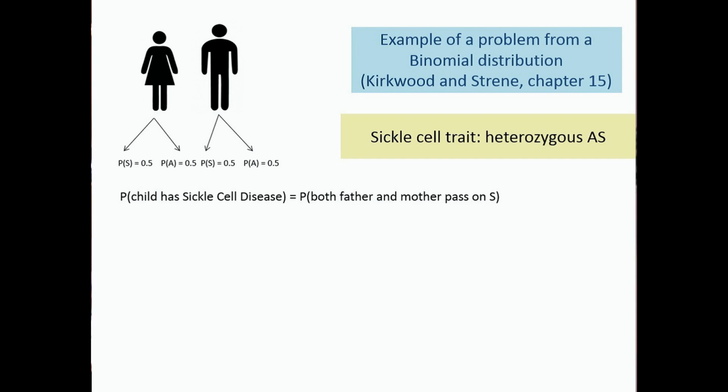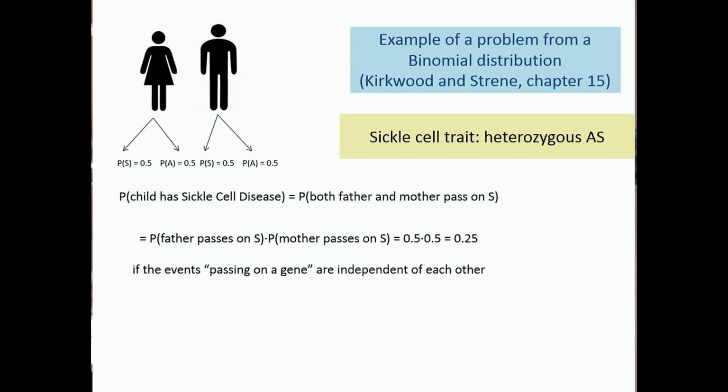So for a single child of these parents, the probability to have the disease is the probability of both father and mother passing the S, which equals the probability that the father passes S multiplied by the probability that the mother passes S. So 0.5 times 0.5 is 0.25, if the events of passing on a gene are independent of each other. Here we use the product formula of probabilities.